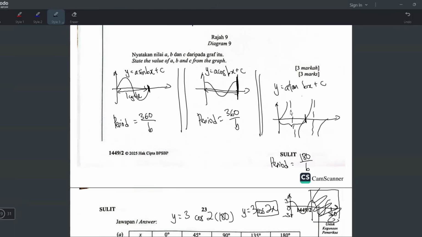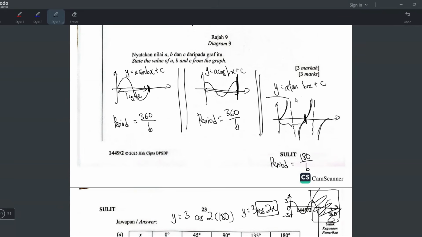Let me explain why for the tangent graph one cycle is until here. You can see the first part of the graph goes up like that, and then the second part goes down, right? But did you realize after this point, this exactly repeats what happened at first here? And then this one is also just this one repeating again.